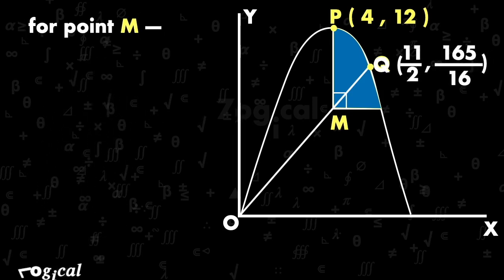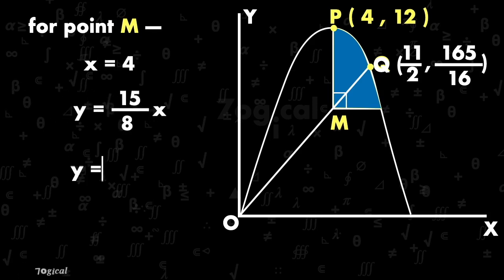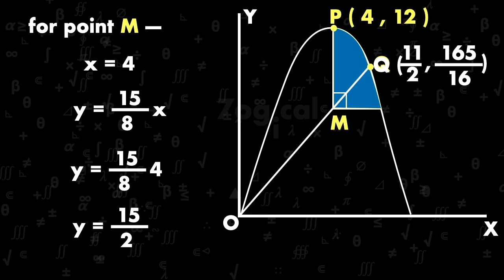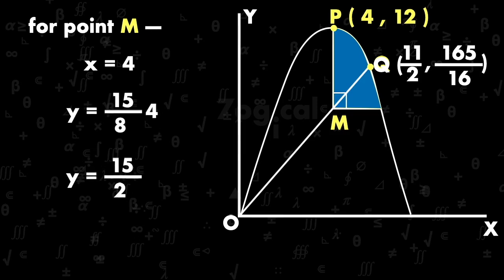For the point M, x is equal to 4, putting this value, y is equal to 15 upon 8 into 4, so y is equal to 15 upon 2. Now we have the coordinates of M as 4 comma 15 upon 2.